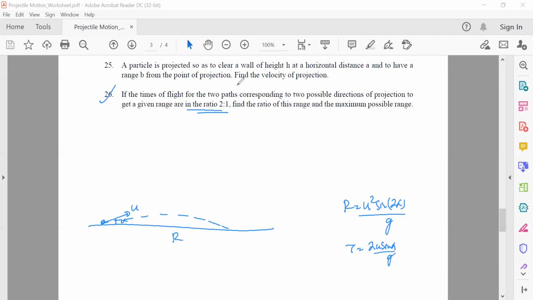Okay. Another time you project that same object at the same speed, but at an angle beta. Okay. It's always possible that when you project it, you will come back to the same range.